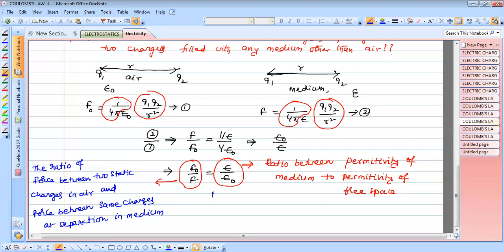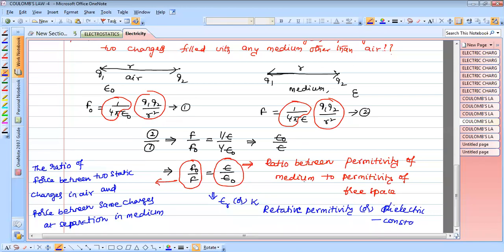This results in an important term, epsilon suffix r, sometimes also called K. This is the relative permittivity or dielectric constant. A very, very important point.